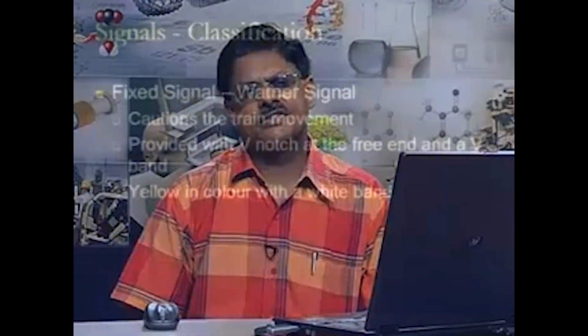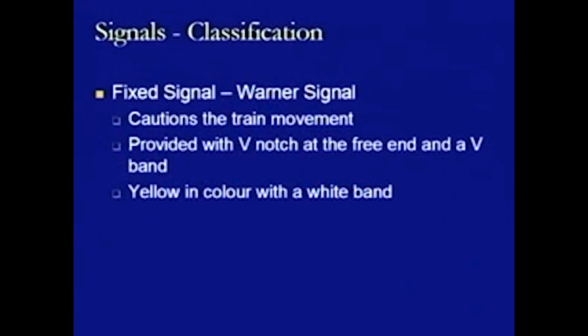Then the another difference which comes is that in the case of semaphore signal, as we have seen, it was red background with white band, whereas in the Warner signal it is yellow background with a white band. So, that is another difference between the Warner signal and the semaphore signal.